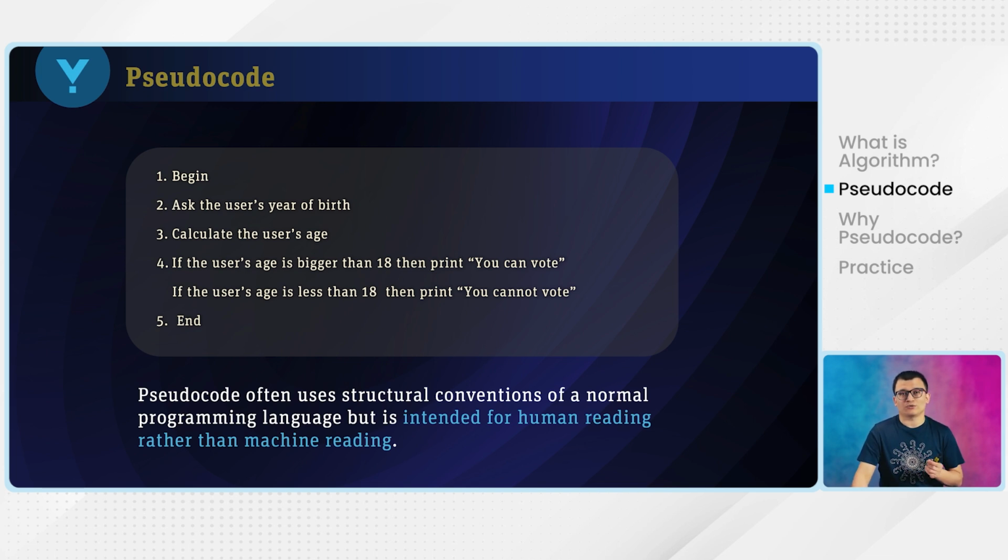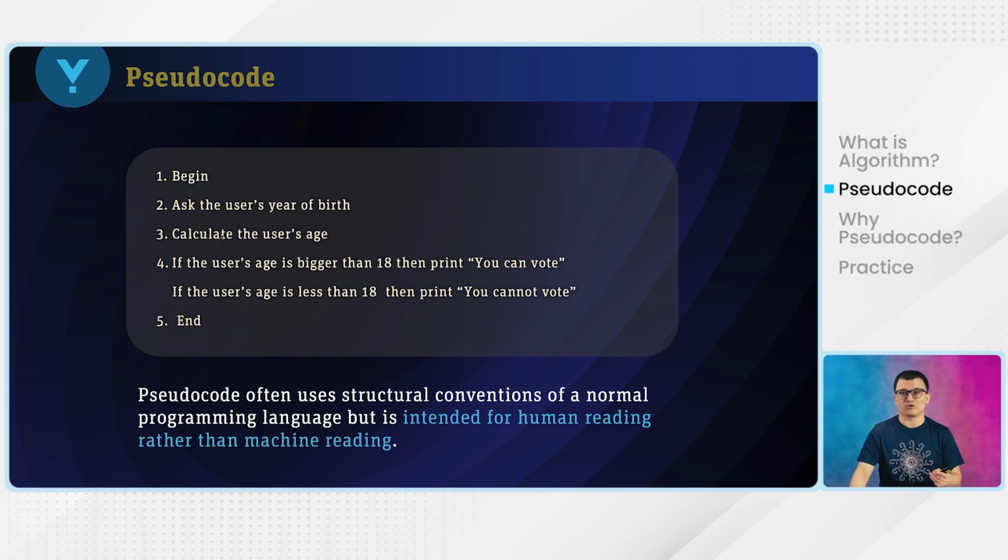Suppose that you are writing a program that can check if a person is eligible to vote. If you apply pseudocode, this is how you can write those steps. First, you begin, and then you ask for the user's year of birth. Once you get the user's birth year, you calculate the age of the user in the third step.